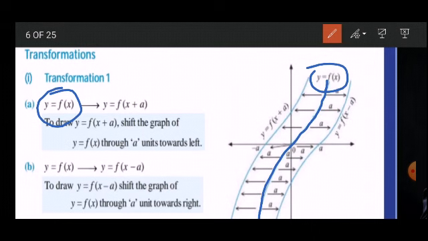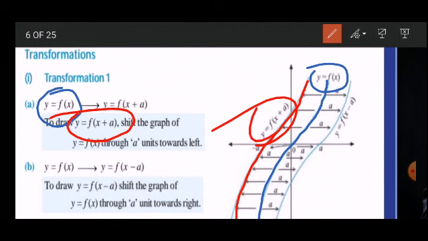F of x plus a, as in the red color, as we did y equal to x plus 1 instead of this x plus a. We were shifting leftwards, so y equal to f of x plus a, if you see, then the graph is this part. This part is f of x plus a.